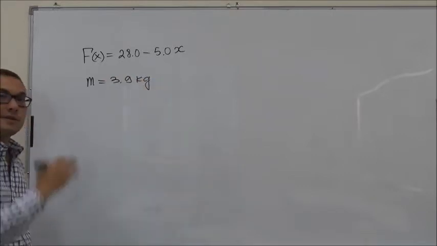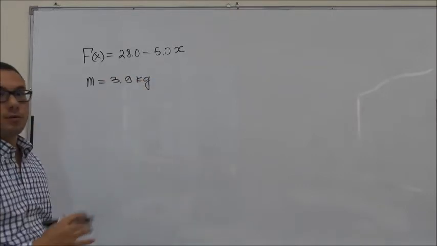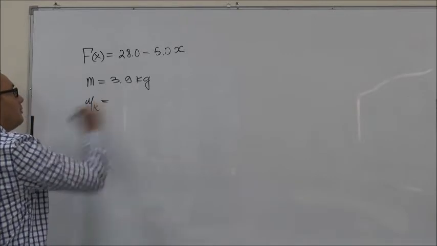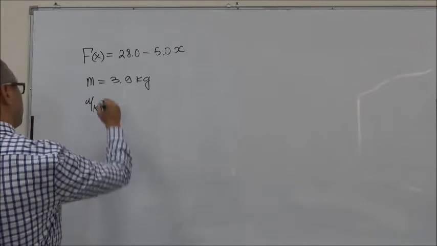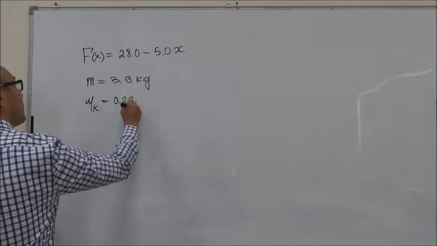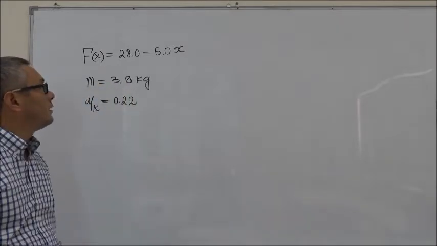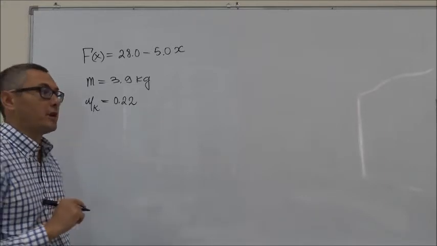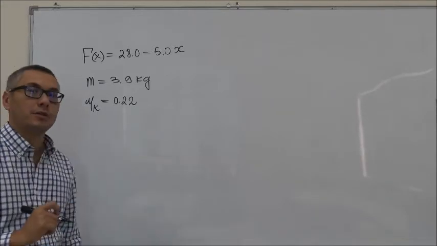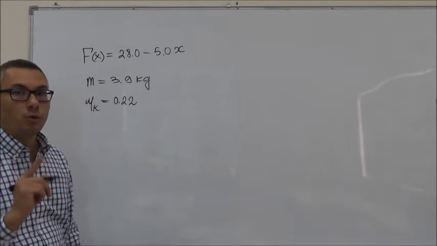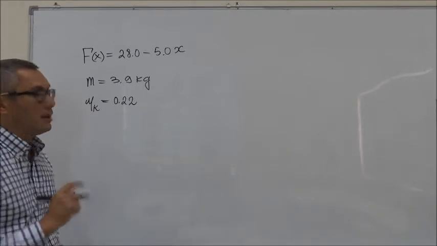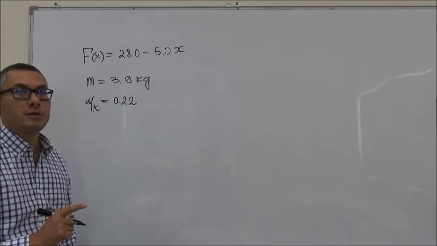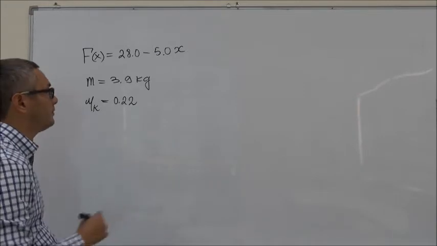The block is placed on a rough horizontal surface which has a coefficient of kinetic friction, mu k, 0.22. The question is, what distance should the block travel if it starts from the origin, so that the total work done on the block by force F and by the friction force combined is equal to 0.